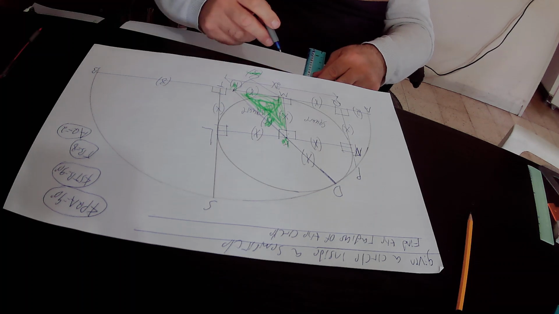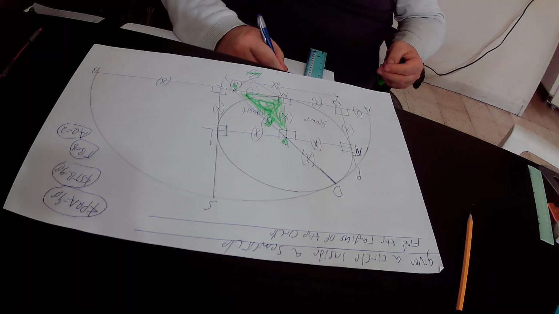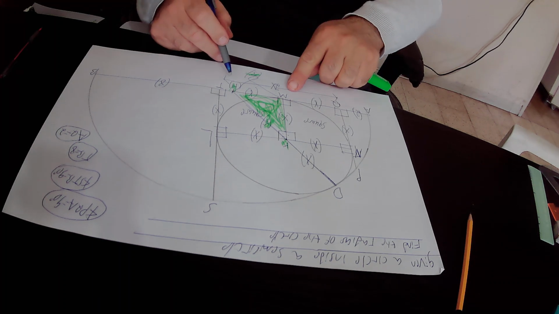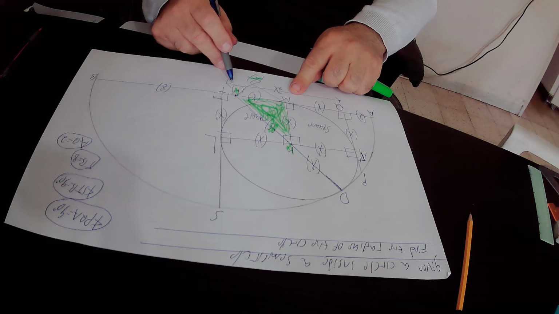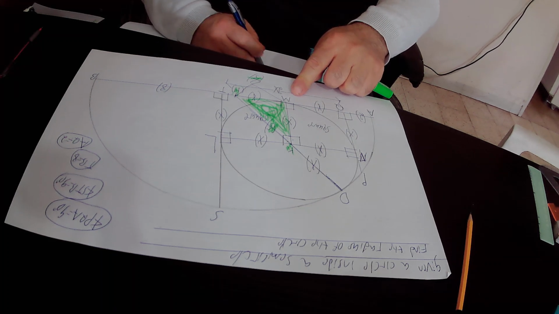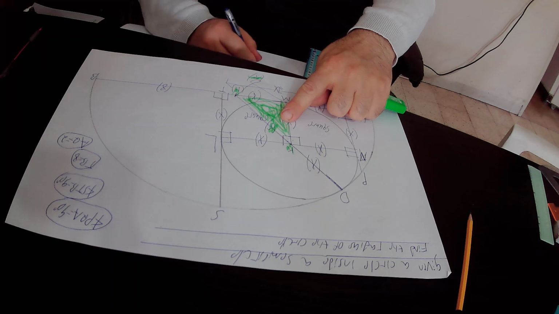Side KM of the green triangle equals x, the radius of the small circle. We just found out that the missing side MH equals 3 and the hypotenuse KH equals 5.